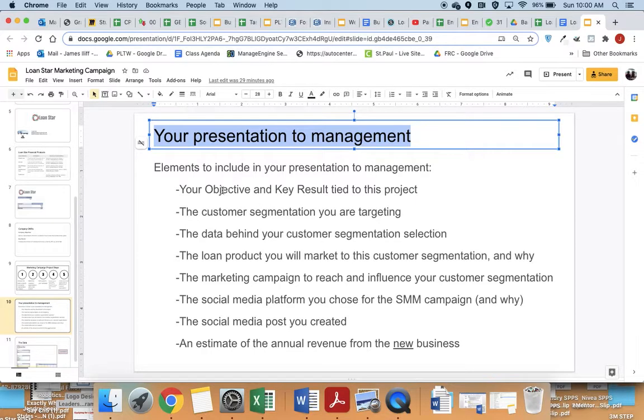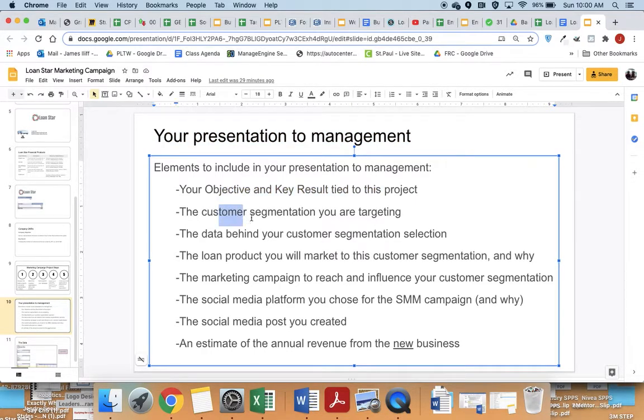You're going to talk about your goal, the customer segment you're targeting, the data behind your customer segmentation, like you're not just guessing at why you selected this, but that there's some data behind it. The loan product that you're targeting and why. Management always wants to know why. And again, if there's data behind it, all the better. The marketing campaign to reach and influence your customer segment.